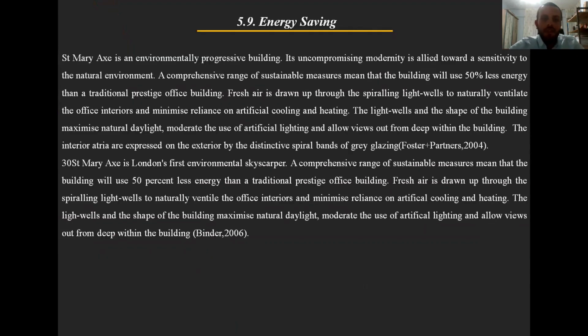5.9 Energy saving. As the building is an environmentally progressive building, its modernity is elevated towards sensitivity to the natural environment. A comprehensive range of sustainable measures means that the building will use 50% less energy than a traditional prestige office building.